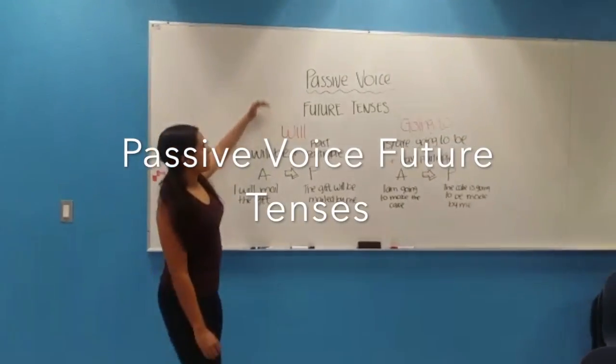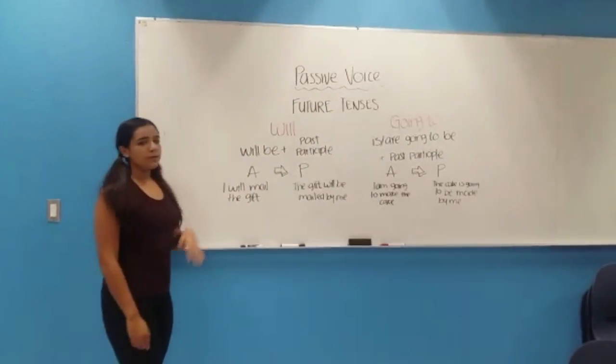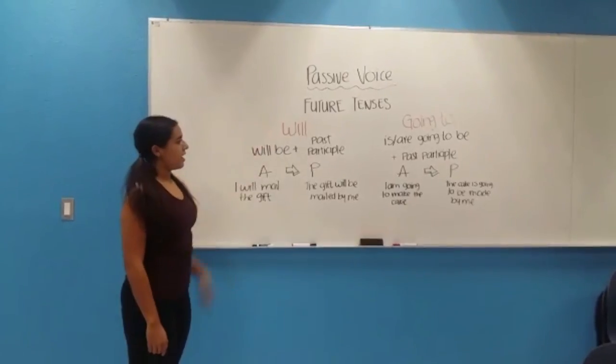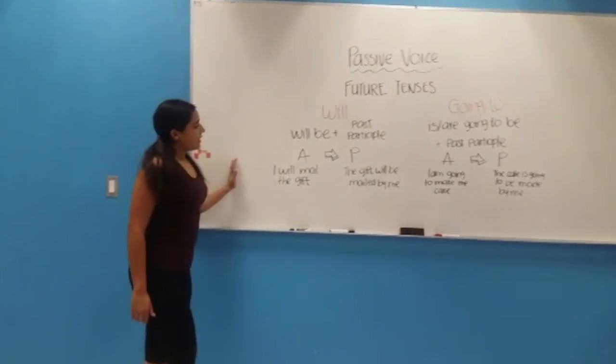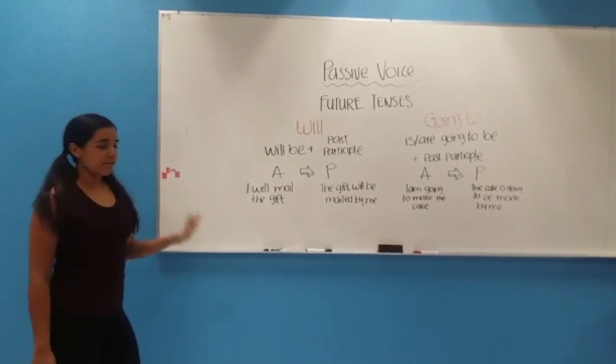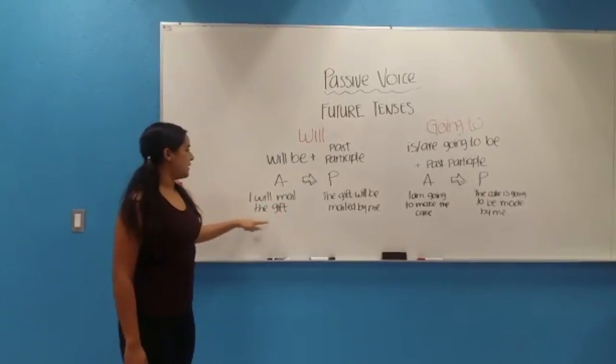Now I present the topic of passive voice in future tenses. First, I will start with will, and then I will do going to. Always we start with the subject. For example: I will mail the gift.